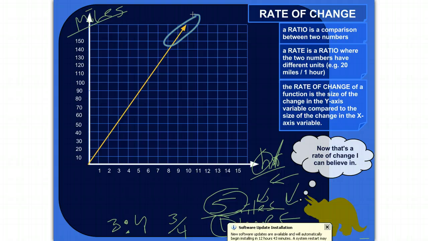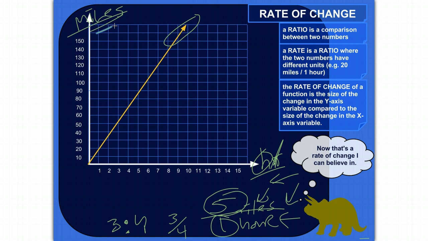We could look at how miles are changing relative to how hours are changing. So for example, every time I go up 1 hour like this, I actually go up 2 miles.